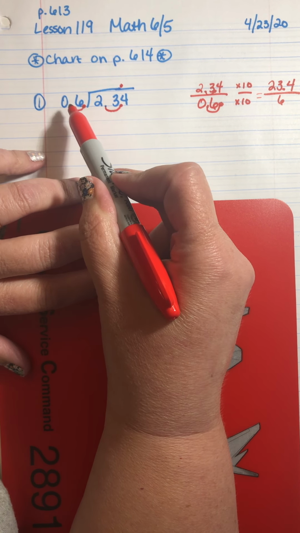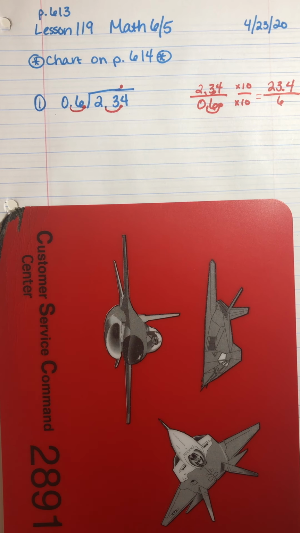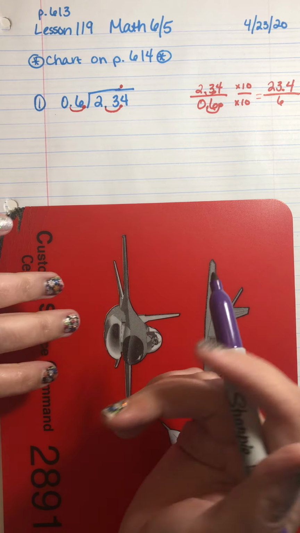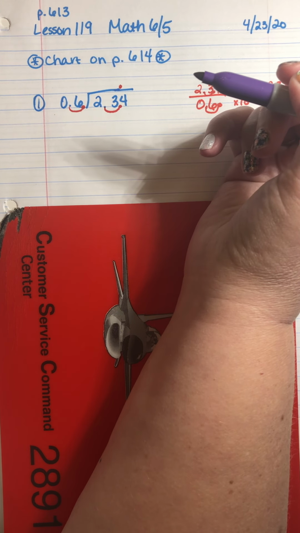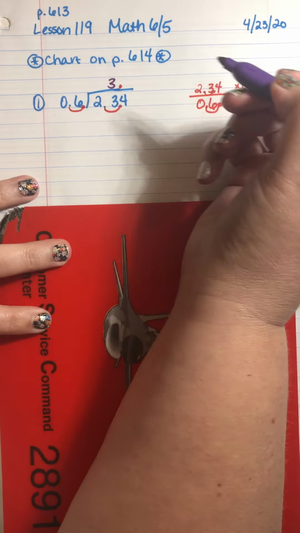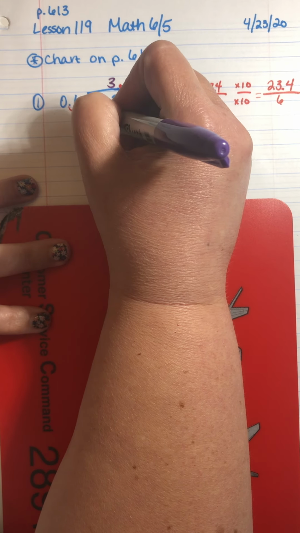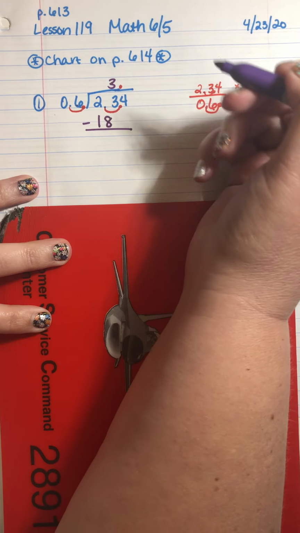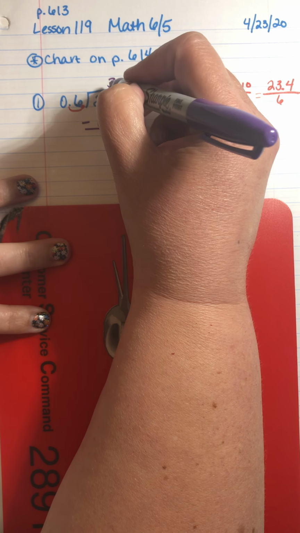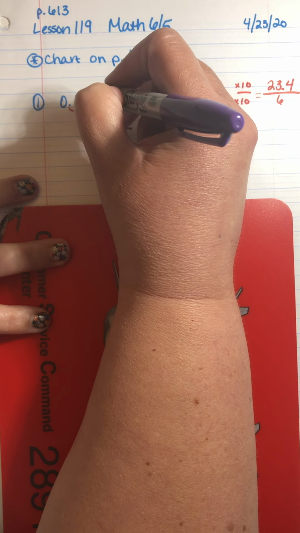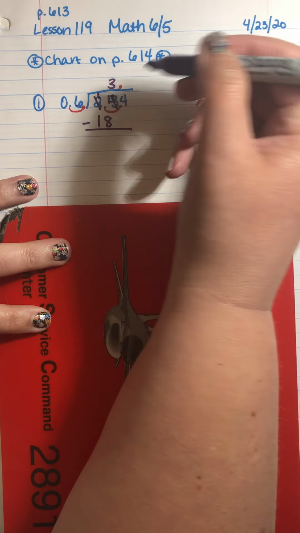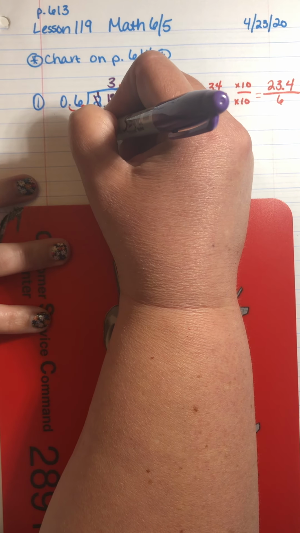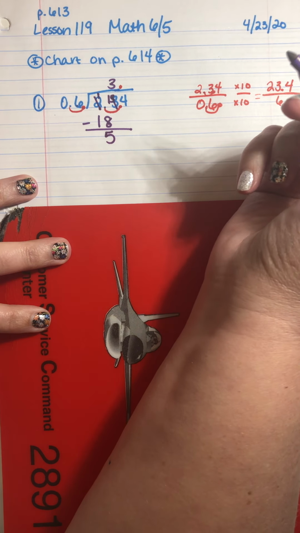Now we're dividing by a whole number, and we've done that before. That's something that we know how to do. So let's start down that path. 23 divided by 6. The closest we can get without going over would be times 3. 3 times 6 is 18. Now we subtract. We can't do 3 minus 8, so we mark that out, make the 2 a 1, and loan 10 over here to be 13. 13 minus 8 is 5. 1 minus 1 is 0.